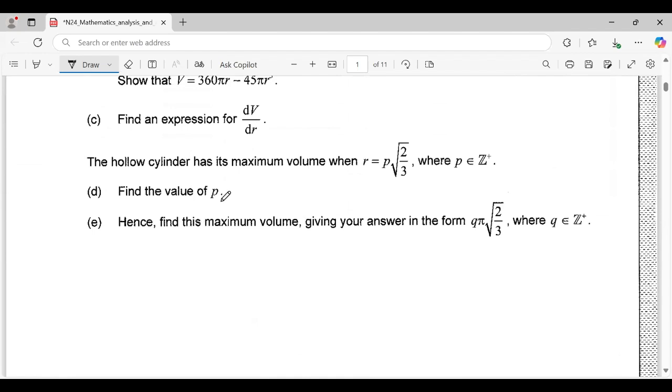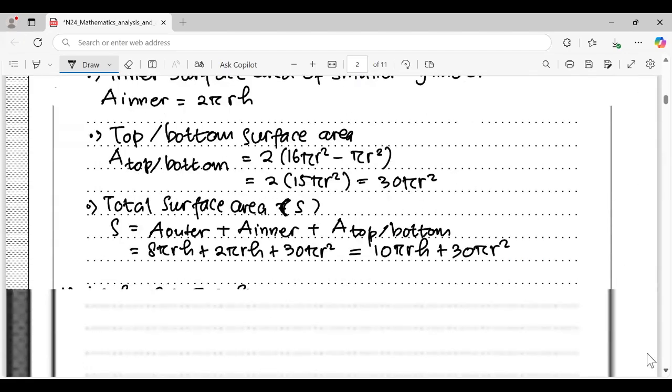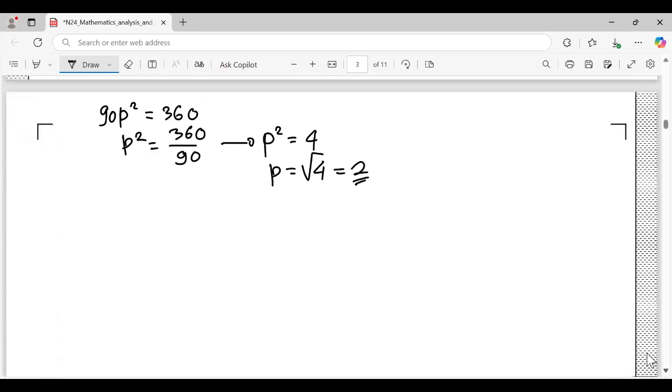Hence, find this maximum volume, giving your answer in the form q pi square root 2/3. If r equals p square root 2/3, it means r equals 2 square root 2/3.